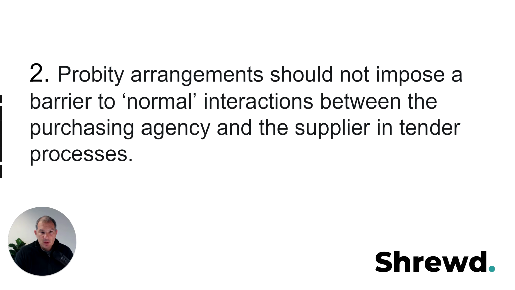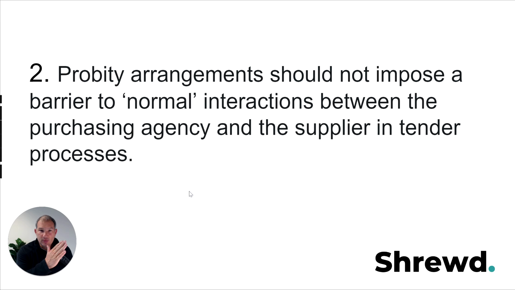The second one we want to look at is that when you're undertaking any sort of procurement, you want to make sure that your probity rules still allow for you to conduct what's called business as usual or normal interactions with the supplier. So let's just say you've got an incumbent supplier and they are providing some sort of services to your agency.